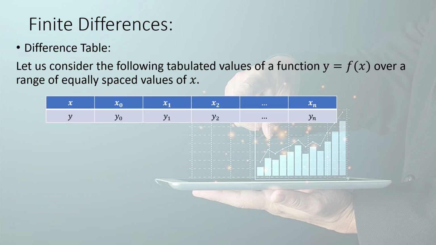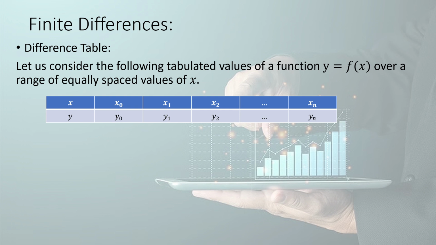It might be given in tabular form, like the values of x are given as x0, x1, x2 up to xn, whereas the values of y might be denoted by y0, y1, y2, and yn.